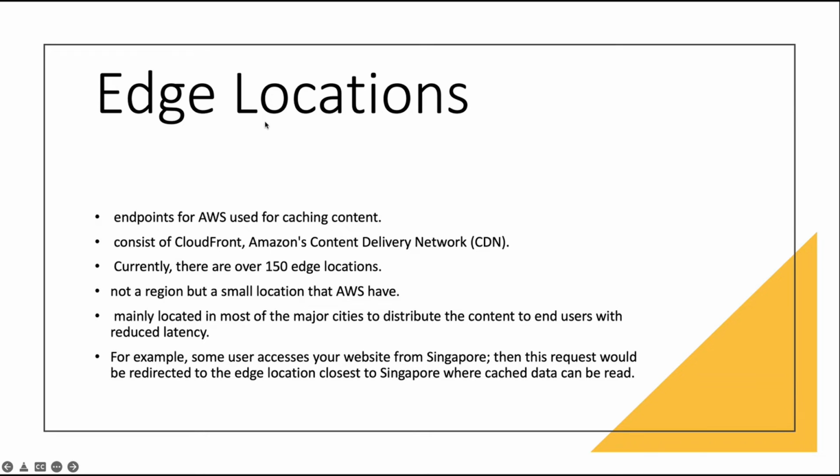Don't consider an edge location a region; it is just a small location that AWS has, mainly in major cities, to distribute content. For example, if a user accesses your website from Singapore, the request would be redirected to the edge location closest to Singapore, where cached data can be read. This improves services from the perspective of throughput.